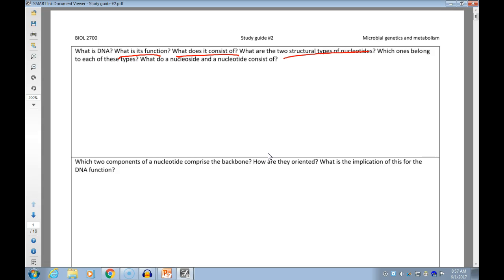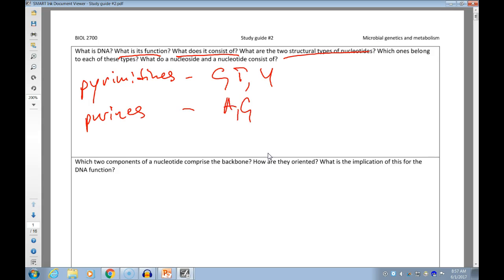A, T are pyrimidines in the DNA. U is an additional, what am I saying? I'm saying nonsense, sorry. C and T are pyrimidines in the DNA. Just to clarify: C, T, U. And purines are A, G. Okay? Remember that.